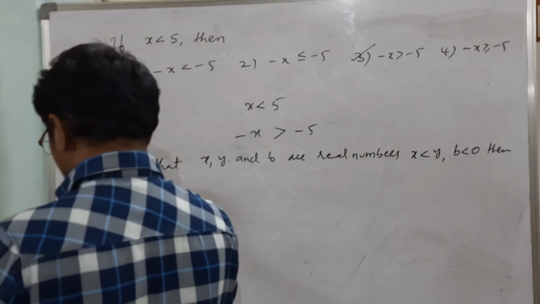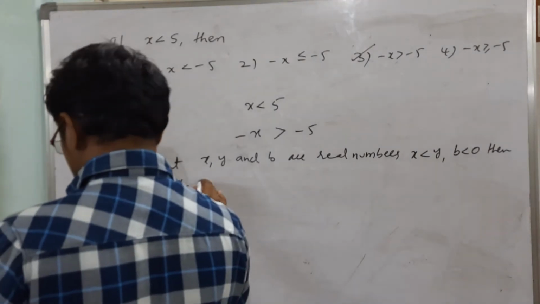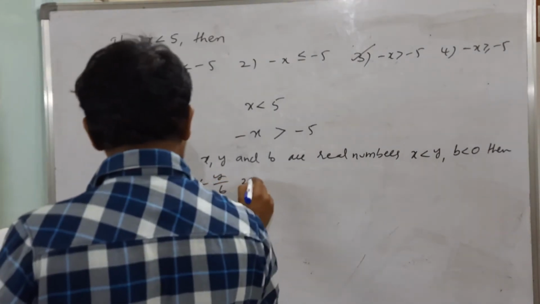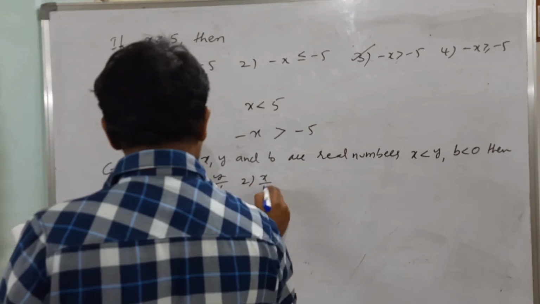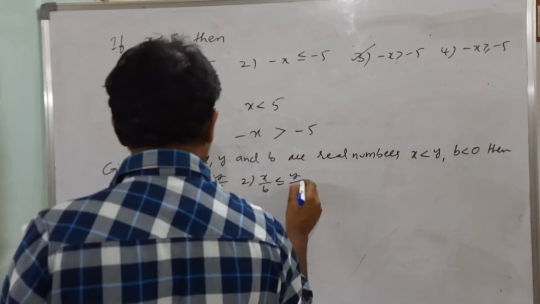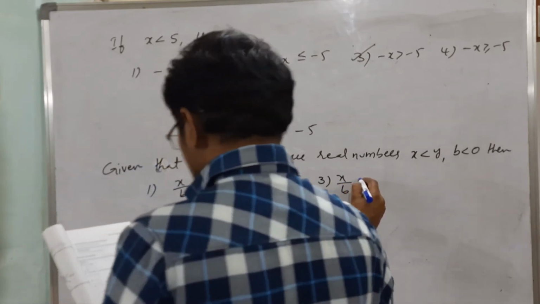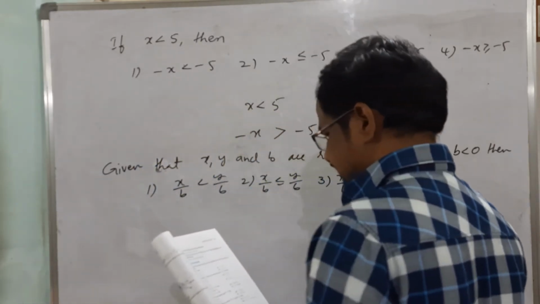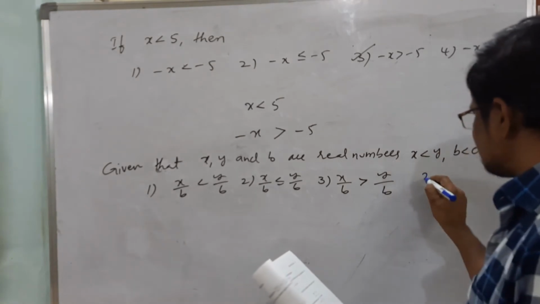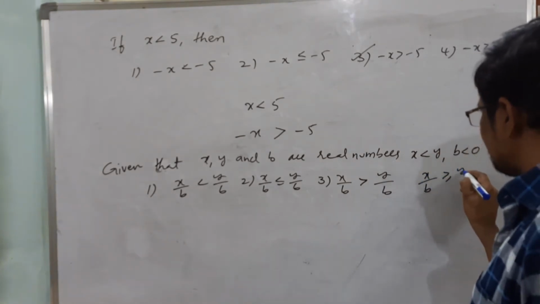First option, x by b less than y by b. Second option, x by b less than or equal to y by b. Third option, x by b greater than y by b. And fourth one is x by b greater than or equal to y by b.